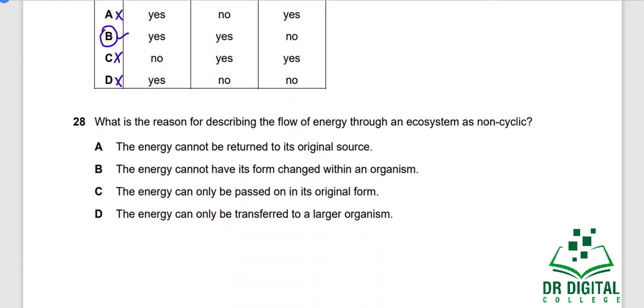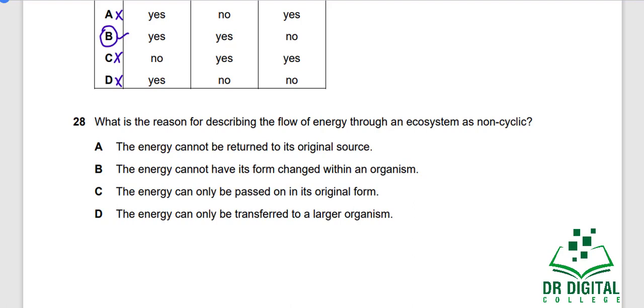In question 28, what is the reason for describing the flow of energy through an ecosystem as non-cyclic? The energy cannot be returned to its original source. You know that light energy is converted directly into heat energy, or it is converted into chemical energy and then into heat energy.